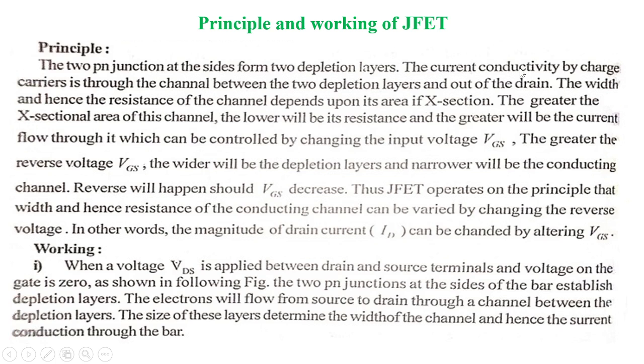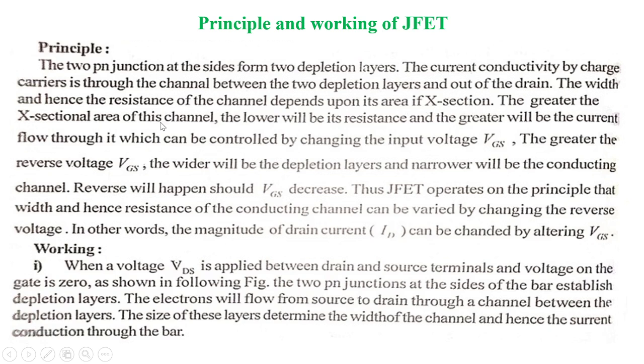The current conduction by charge carriers is through the channel between the two depletion layers and out of the drain. The width, and hence the resistance, of the channel depends upon its cross-sectional area.